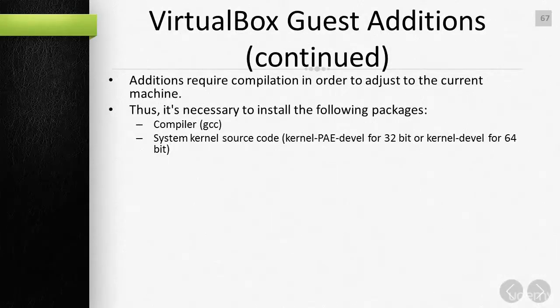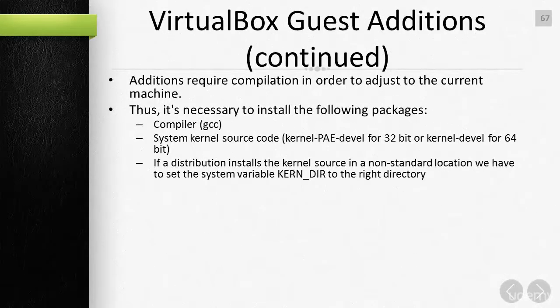The additions include certain modules or drivers, for example, for video and audio cards that are supposed to be emulated in the VirtualBox. These can only be compiled as kernel modules. And in order to do that, you need to access some kernel files. In order to adjust the drivers to a particular version of the system kernel, during compilation, you need to provide certain constants and variables defined in the kernel source code.